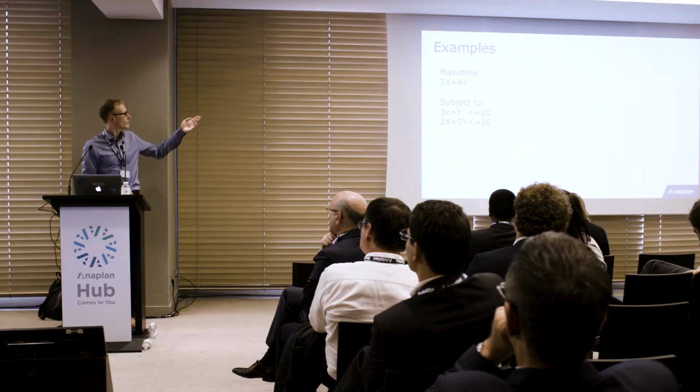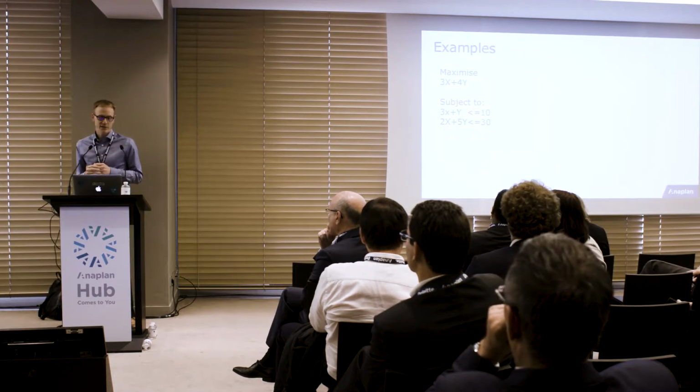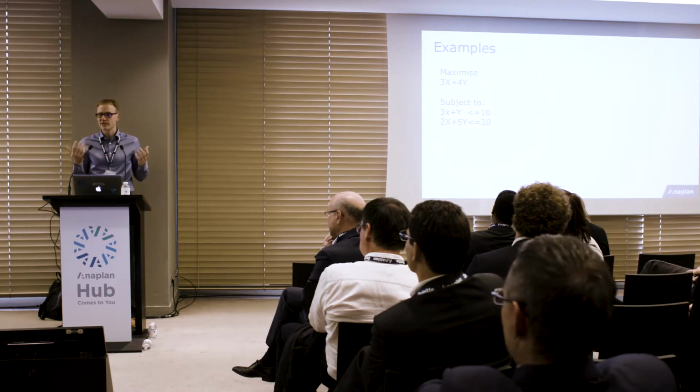So imagine resource X are my internal staff, resource Y are my external staff, and I only have a budget of, say, 10. The cost of servicing my project with a different mix of internal staff X or external staff Y might be something like 3X plus 4Y.